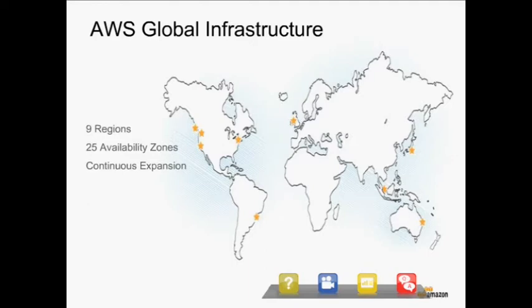And we refer to these data centers as availability zones. These availability zones are where customers will launch their applications and store their data. And those are all designed to be fault boundaries such that any kind of failure within one availability zone won't affect any of the other availability zones within a region.